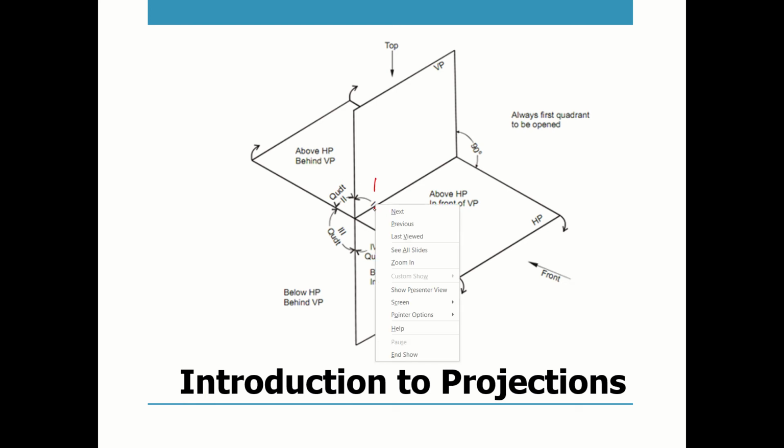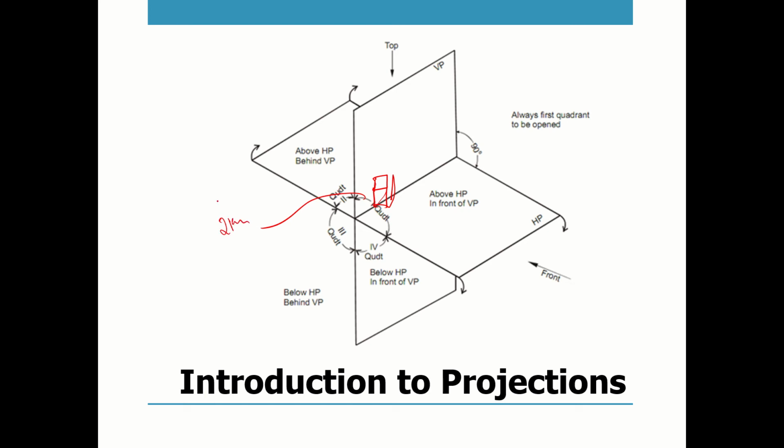If I ask you, where is your house? What do you say? My house is located, let's say, 2 kilometers away from the railway station, and the house is adjacent to a park, and also adjacent to a commercial complex.